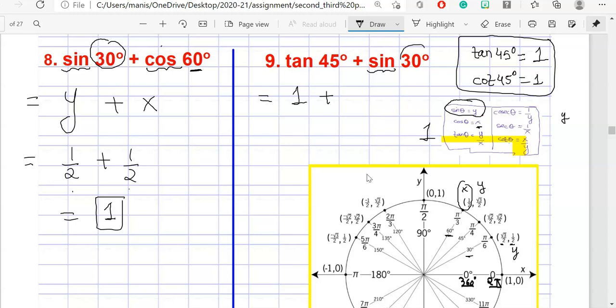Now I will proceed to this one over here where it says 30 degree. Now 30 degree is this, and the value of y is what? 1/2. Now again, what is $1 plus 50 cents equal to? $1.50, and this is your answer for this question. 1.50 or 1.5, both mean the same thing.